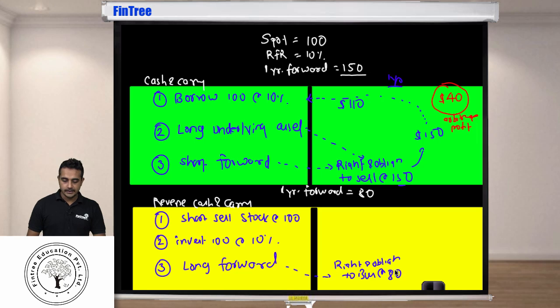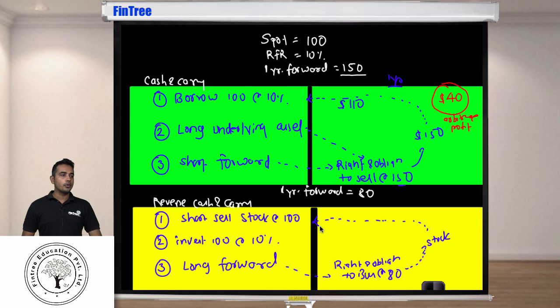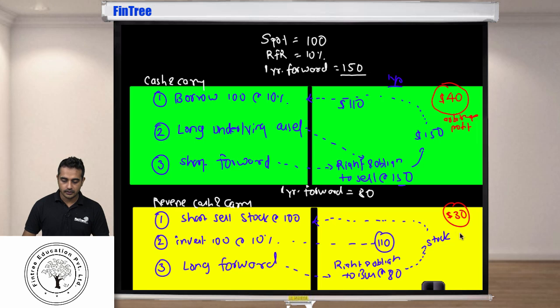Are we together on this? So with 80, you will buy the stock, and the stock you would give back to the broker from whom you had borrowed originally. But how much will the bank give you? The bank will give you 110, out of which only 80 was used. So how much is your arbitrage here? 30. So this is your arbitrage profit.